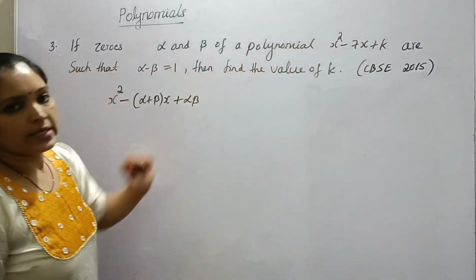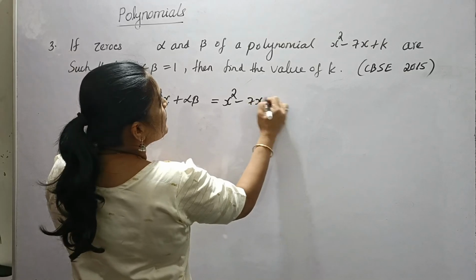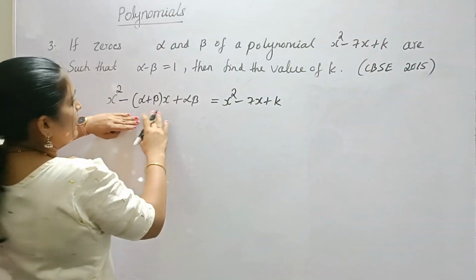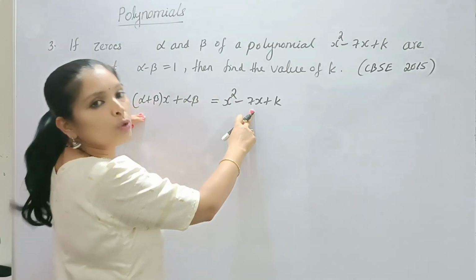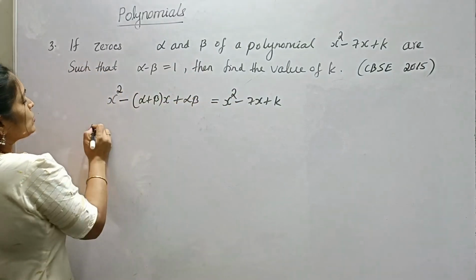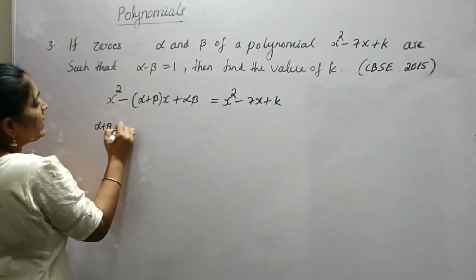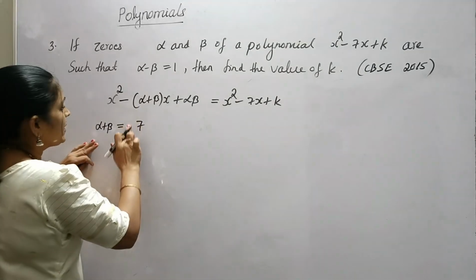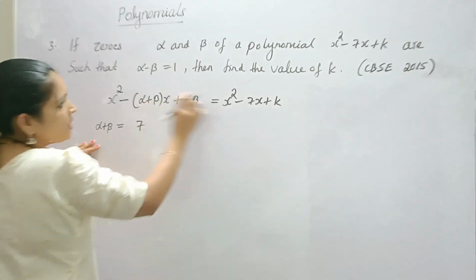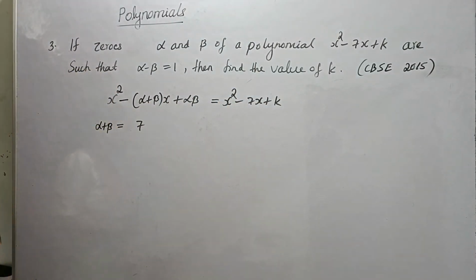So equate this to x square minus 7x plus k. On comparing both sides, we get minus of alpha plus beta is minus 7, so alpha plus beta is equal to 7.